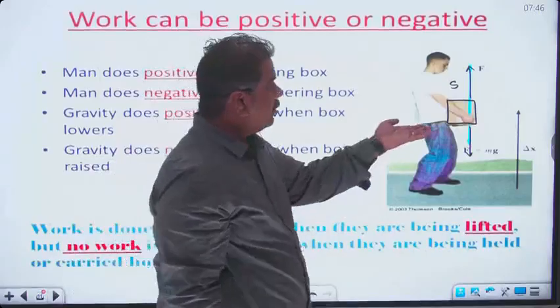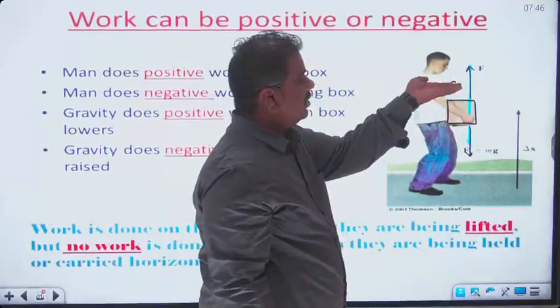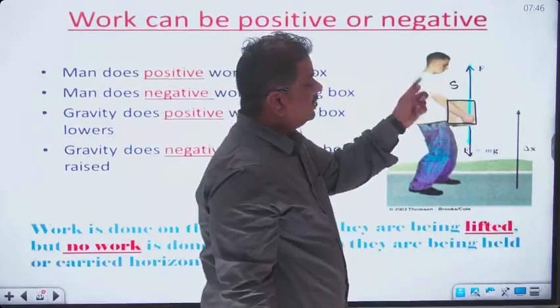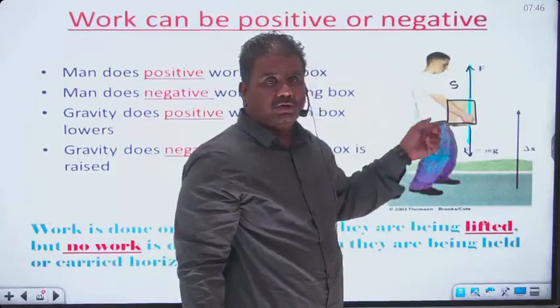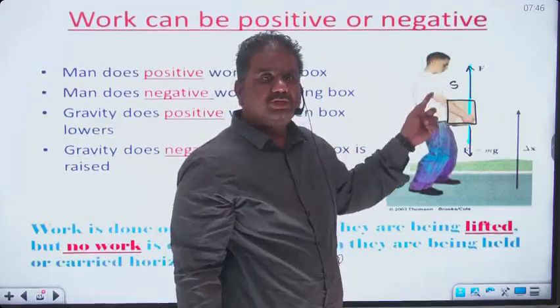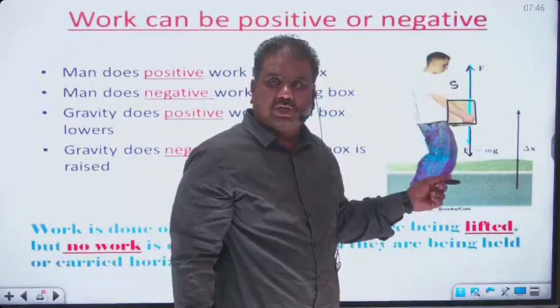So whenever you are lifting an object here in this particular case, the work done is always negative. Why is it negative? Because displacement is in the upward direction and gravitational force is in the downward direction.